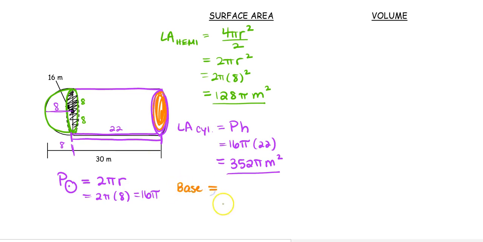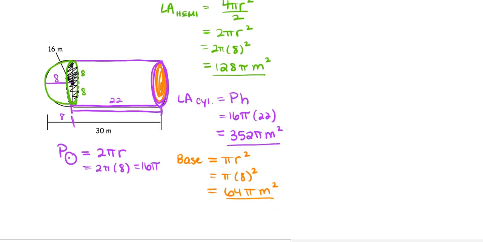I only have one bottom base that is going to be counted. And that bottom base is a circle. So the area is pi r squared. Again, same radius of 8, giving us our base area of 64 pi meters squared.